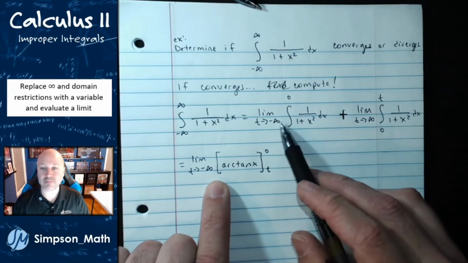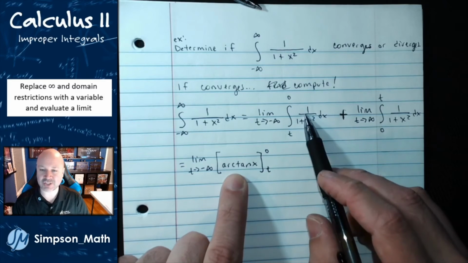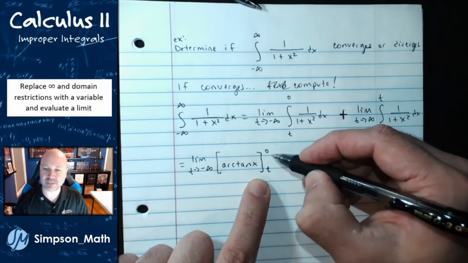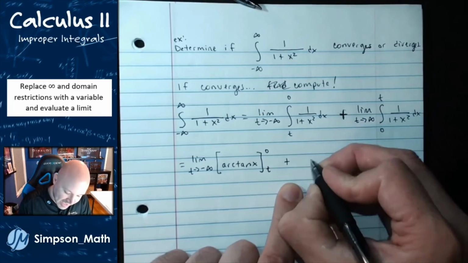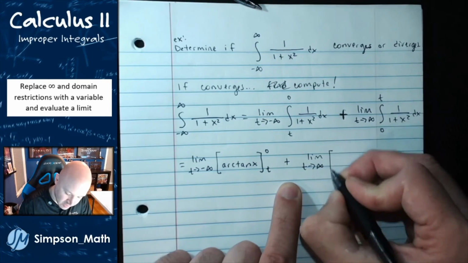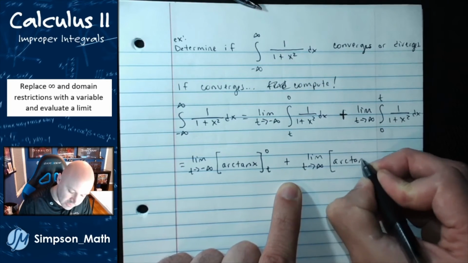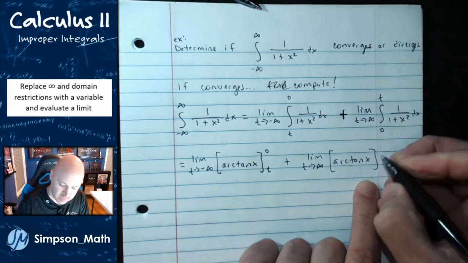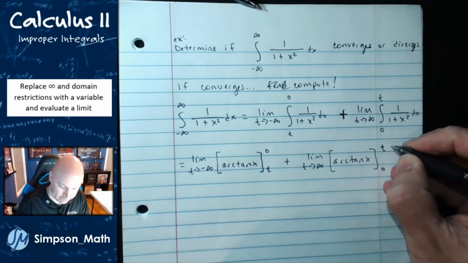So same limit. I took care of the integration, that is arctangent, but I do need to evaluate it from t to 0. To that, I'm going to add another limit as t approaches this time infinity of arctangent. This time I'm going from 0 to t.